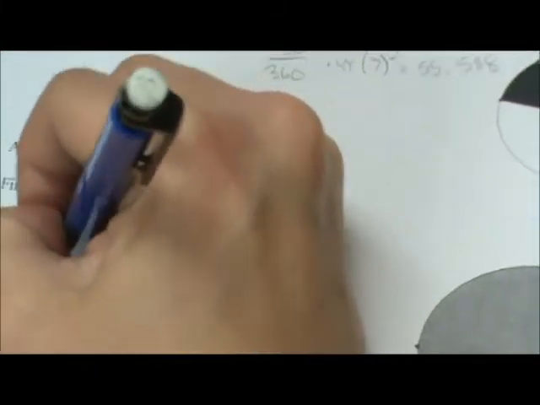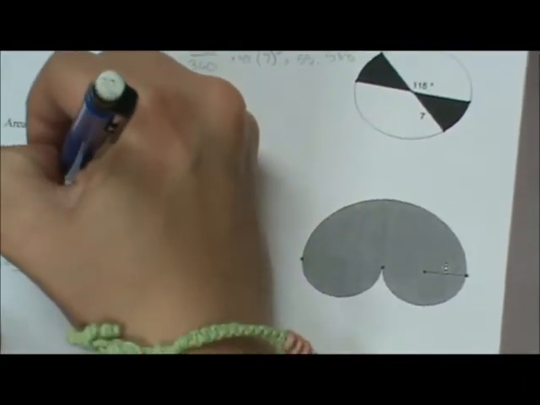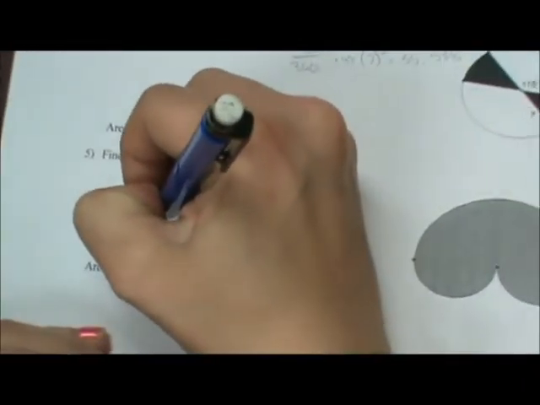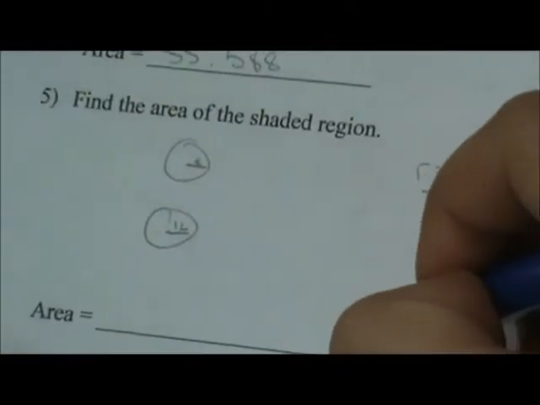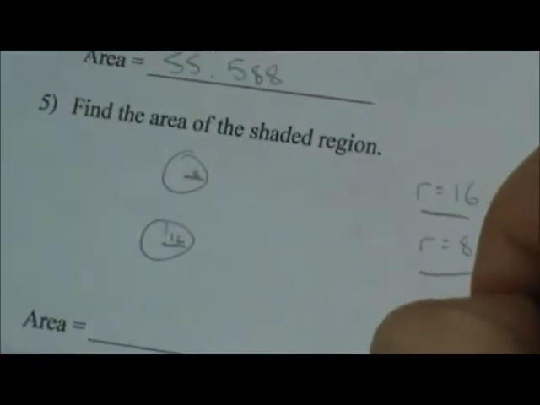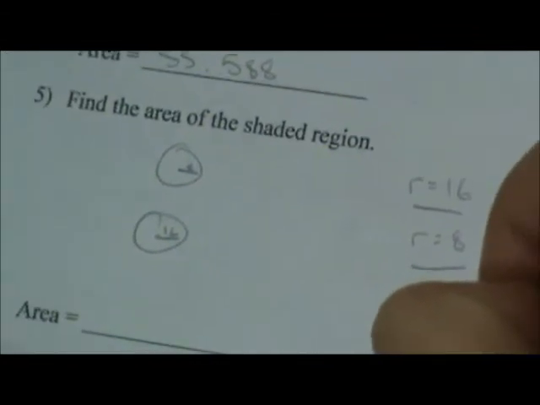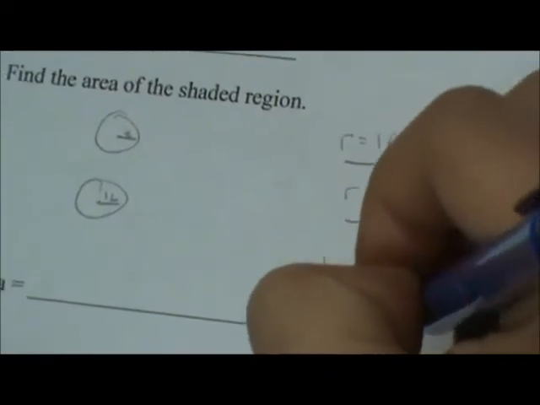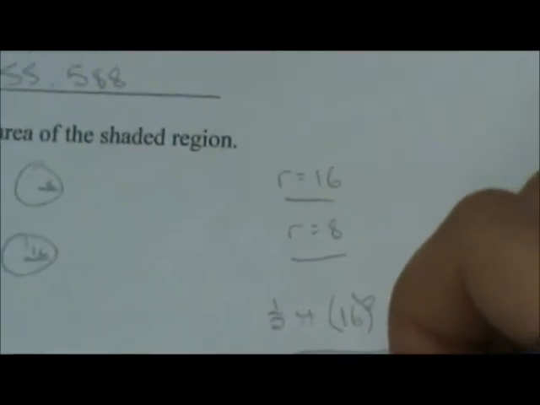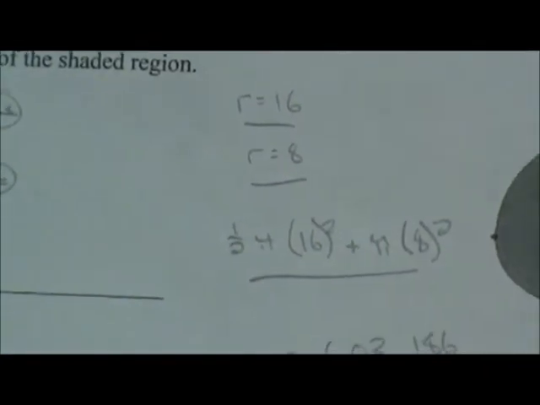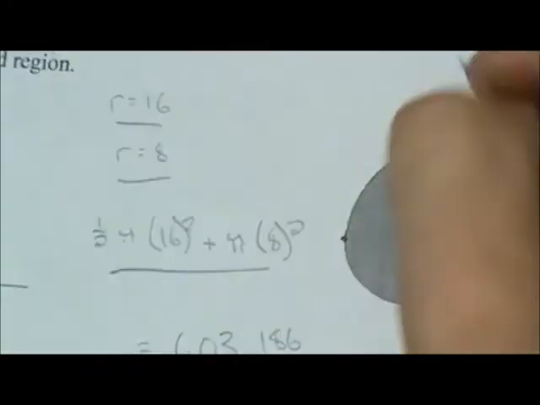That's half of pi times the radius squared, and the radius is 16, which is double the radius of the other ones. Since the other part is 2 half circles that are complements to each other, the radius is 8, so it's pi r squared for that with a radius of 8. It ends up being maybe 32 pi plus some more, maybe 64 pi, I'm not really sure. But the approximate value is 603.186, and that's how you do that problem.